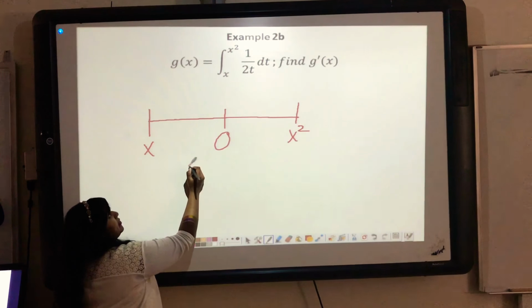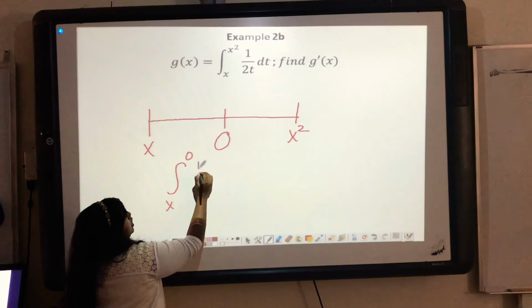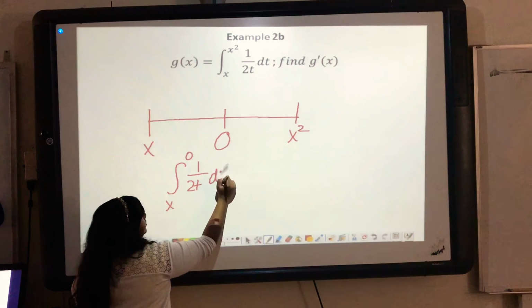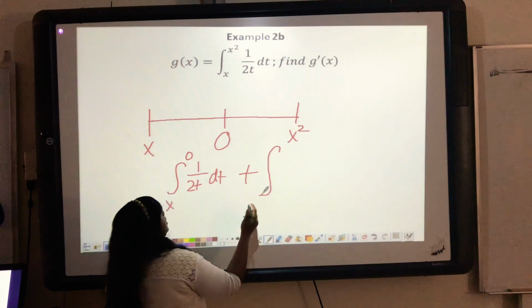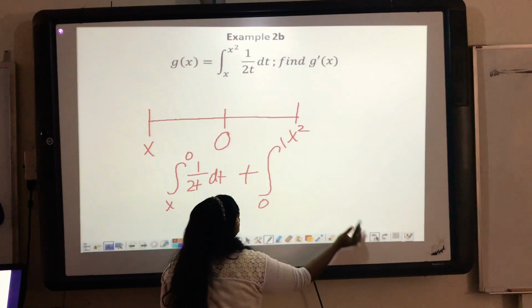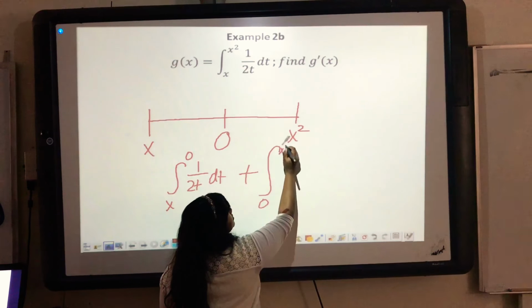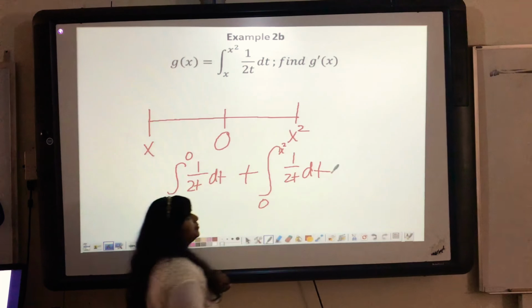So I would rewrite that integral right there as the integral from x to 0 of 1 over 2t dt plus, this is my additivity property, from 0 to x squared, I'm sorry, I'll write it small, of 1 over 2t dt.